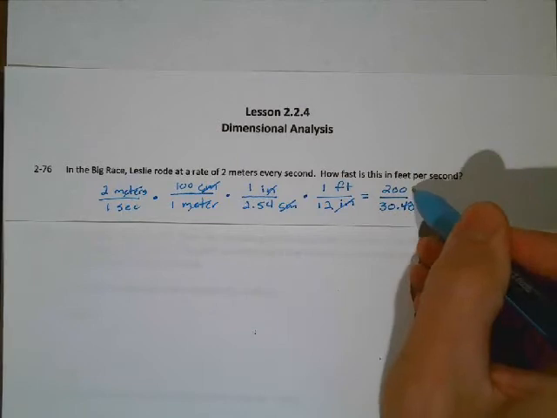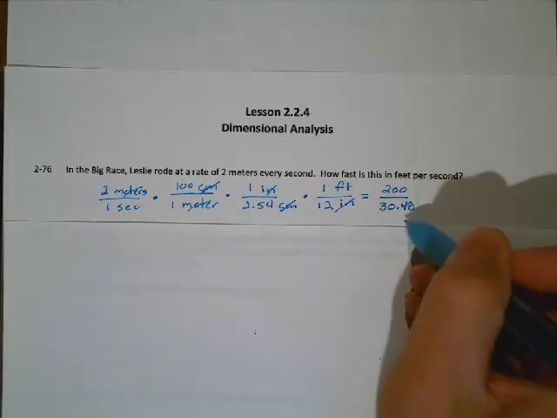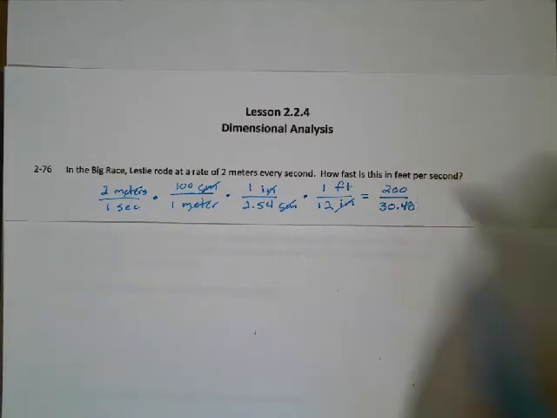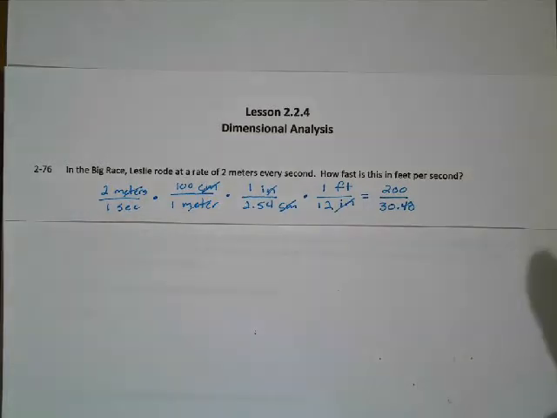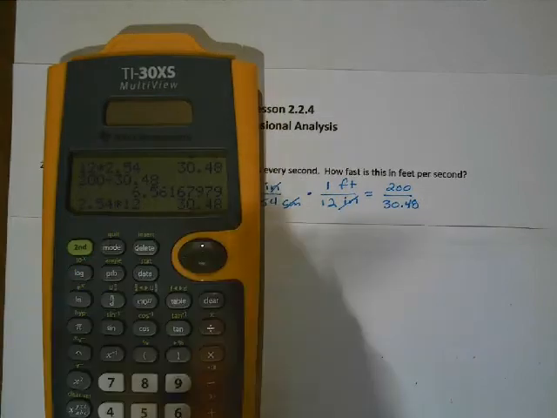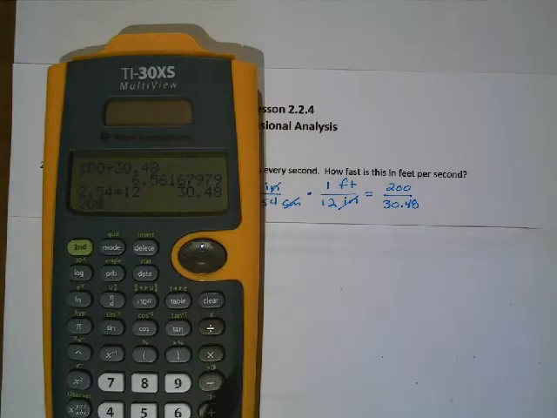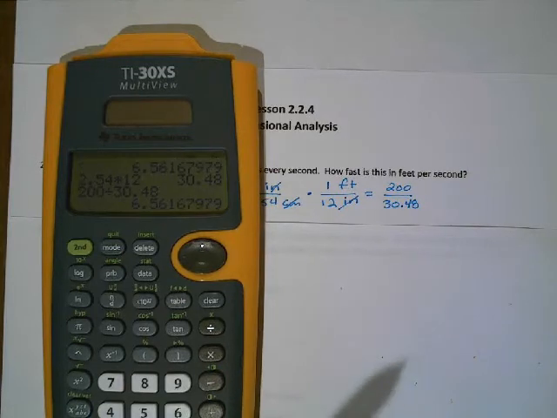So that's 200 feet for every 30.48 seconds. Now that's not a unit rate, so we need to take 200 and divide by 30.48.